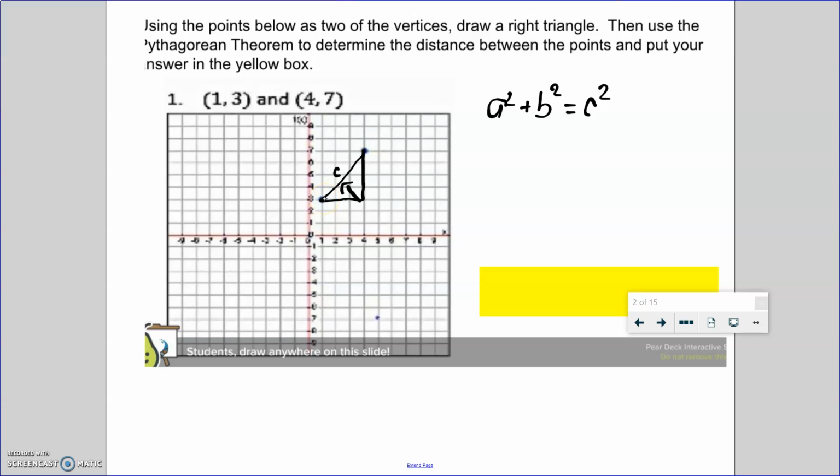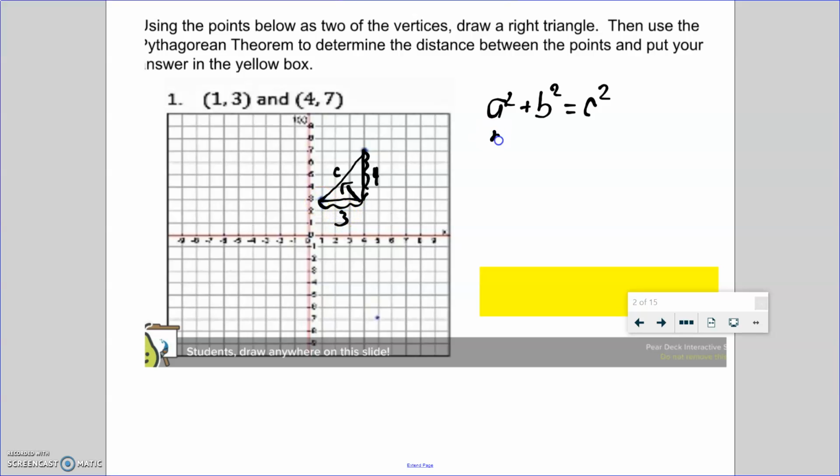So we're given A and B. Well, how do I figure out what A and B are? Well, I'm going to look at the units on my coordinate plane, see what my scale is going by. My scale is going by 1. So this would be 1, 2, 3, 4. And this would be 1, 2, 3.